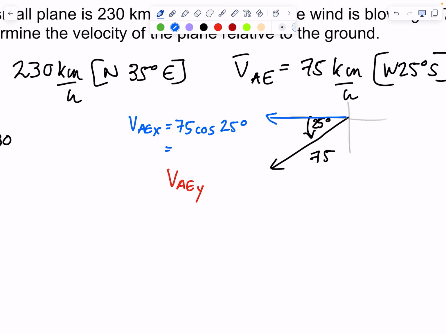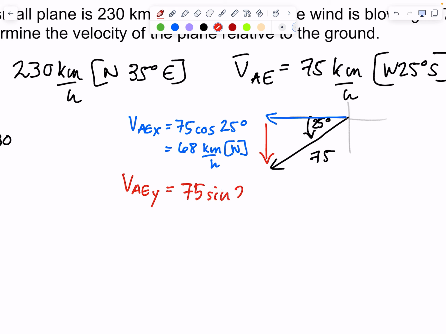If we punch this in, that is 68 kilometers per hour west. Whereas the y component of the velocity of the air relative to the Earth is the opposite with respect to the angle. So it's 75 sine 25 degrees. If we punch this in, we end up with 32 kilometers per hour south.